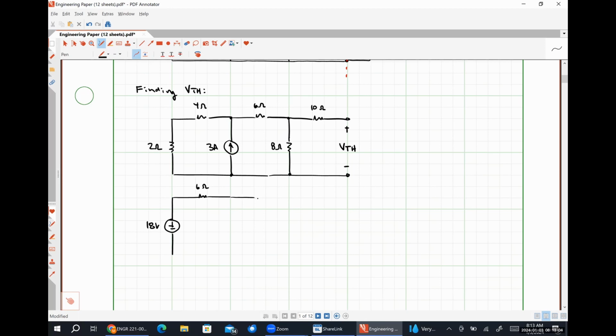And then we have this 6 ohm resistor, this 8 ohm resistor, this 10 ohm resistor. And then this is the VTH that we're looking for. So whoever suggested a source transformation, tell me what my next step should be. Because we made the circuit different, but we certainly didn't solve for VTH.